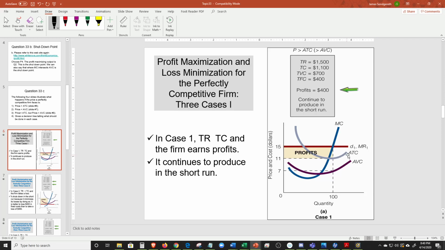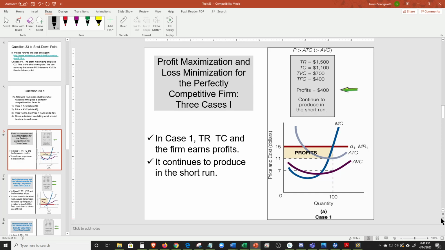So we look at average total cost, the per unit cost, and that's $11. Yeah, it looks like it's almost at the minimum, but it's actually a little bit above. And so that's $1,100. And so total revenue minus total cost should give us a profit of $400. So yeah, the firm would definitely produce right here. There's no doubt about that.